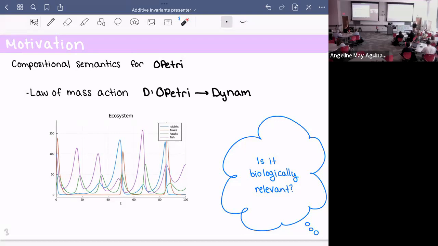If the additive invariants bound the degree of polynomials in the mass action, like your additive invariants, there are ones that say you have no transitions with more than 3 inputs.